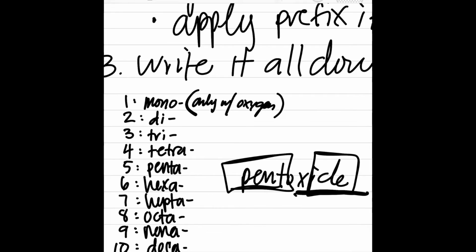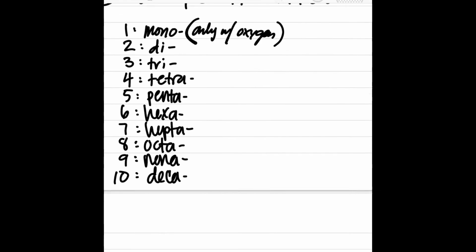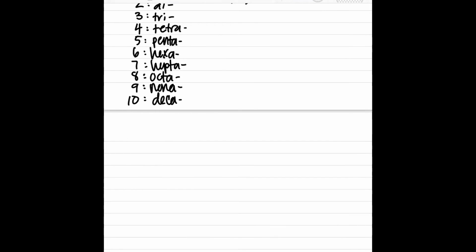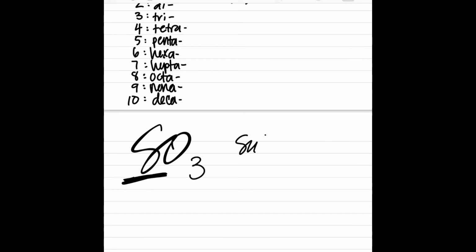All right, let's do a couple of examples. Okay, so the first example is SO3. The first thing is I find the name of the first term. Now remember, the first term keeps its real name, so that is sulfur. Now, I don't have a prefix here. If I had a number there, then I would have to put a number up front because prefixes go in the front.